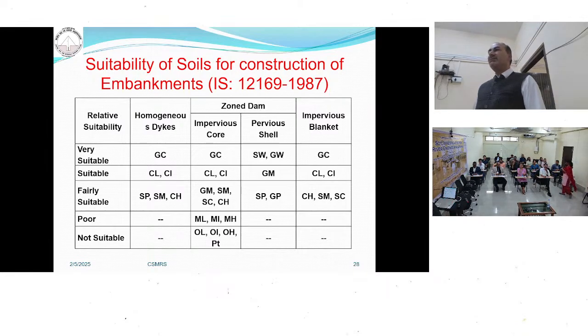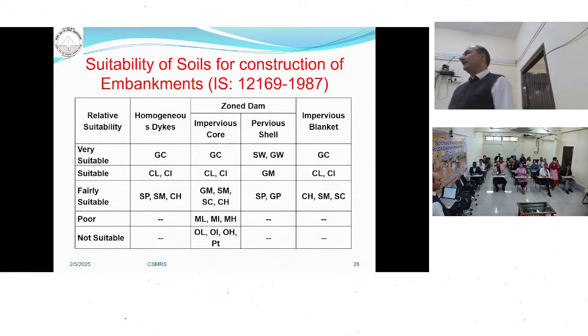What is it? GC. Clay, and the suitable are CL and CI, clay of low compressibility and clay of medium compressibility. Why is the IS code telling you to use GC material, because this is the most suitable. Why? Have you thoughts about that?